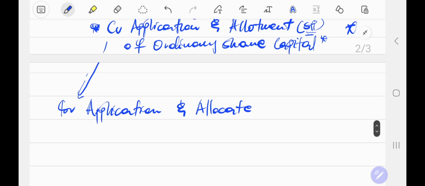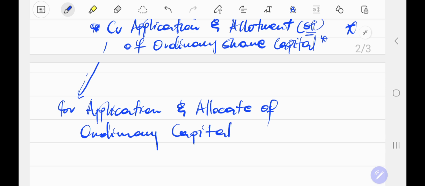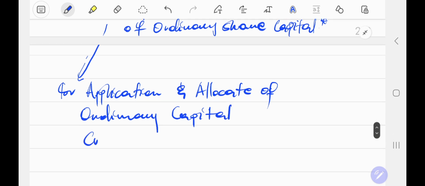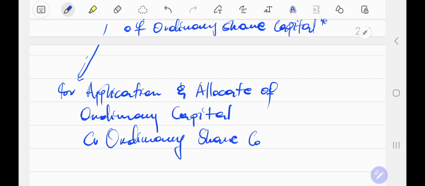So that's why you are going to debit application and allotment of ordinary share capital. You are saying they no longer have the responsibility. Why? Because they are allocating these shares to ordinary share capital, right? So this is the journal that would transpire from the company issuing new shares to the public.